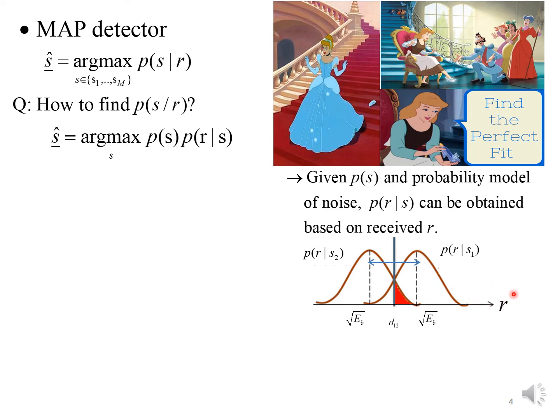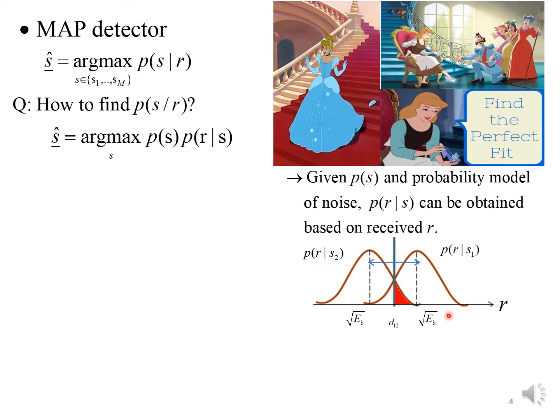The received signal R could be any value, here or here or here. Based on the value of R, we can know the relative probability of S1 and S2, and then we know whichever is larger. Then we have the estimate of S.